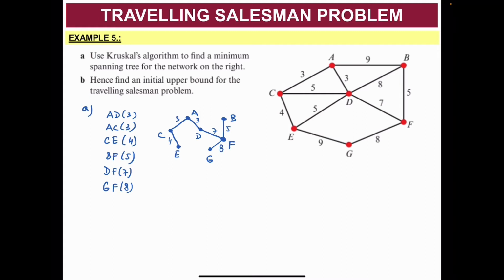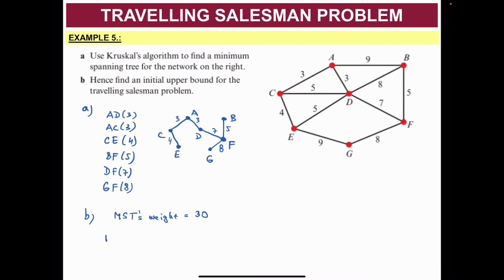Okay, so case A is fine. Now case B is asking you to find the initial upper bound. Very easy. What you need to do is just double the weight of the minimum spanning tree. So the minimum spanning tree weight is 7, 10, 17, 25, so 30.